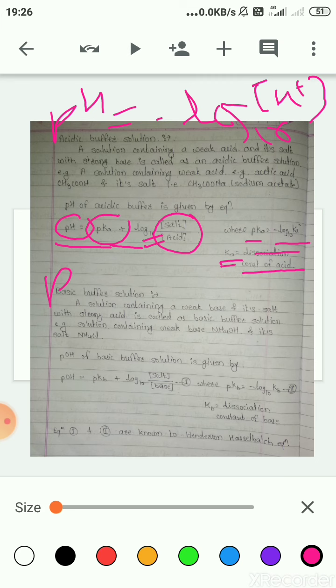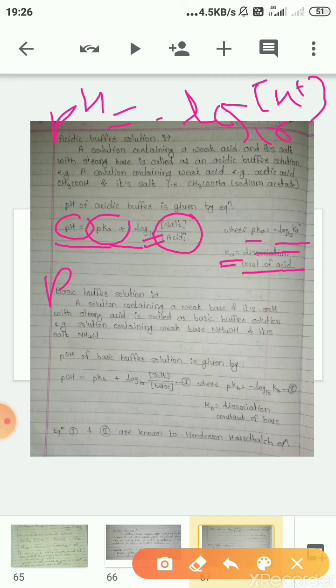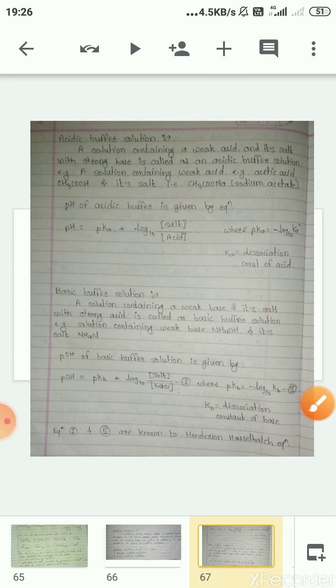We have seen this earlier. Now repeat once again the equation for the acidic buffer solution: pH is equal to pKa plus log to the base 10 of the concentration of salt to the concentration of acid, where pKa is equal to negative log to the base 10 of Ka, and Ka is the dissociation constant of acid.